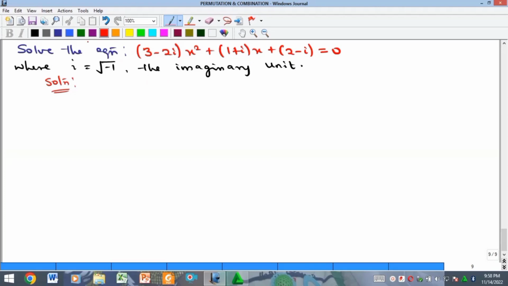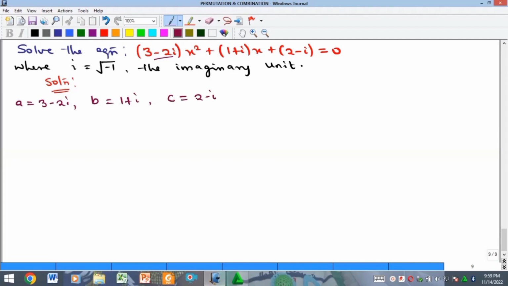Here you can see that the coefficient of x squared, which is a, is equal to 3 minus 2i, and the coefficient of x, which is b, is equal to 1 plus i, and the constant, which is c, is equal to 2 minus i.